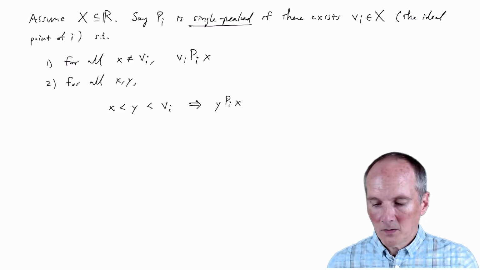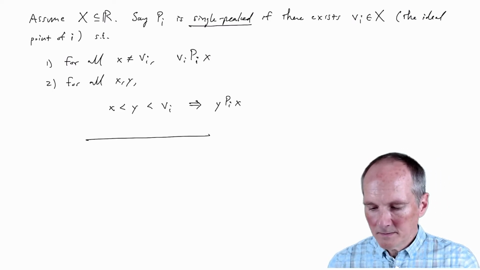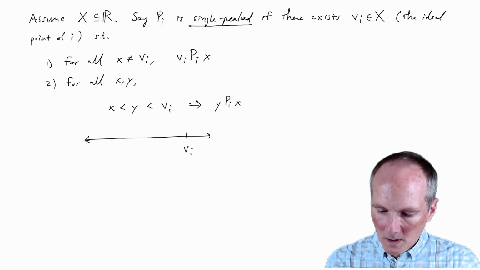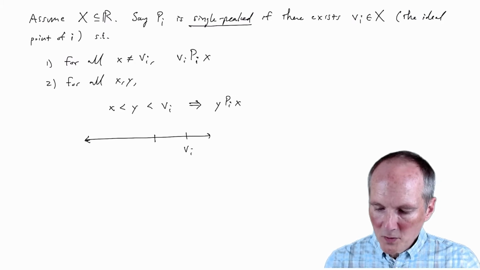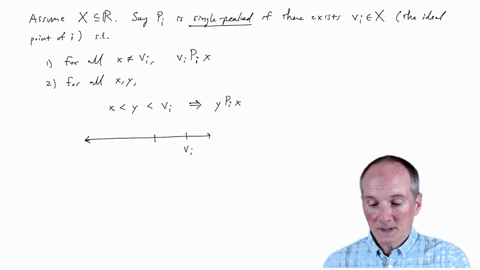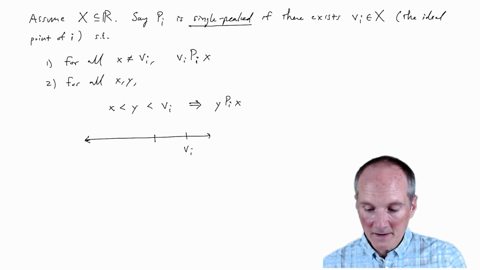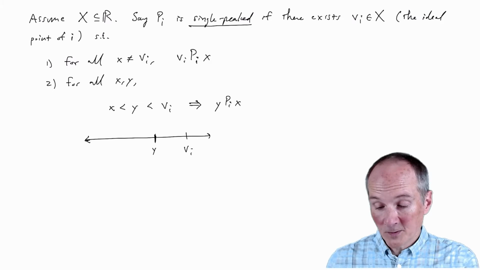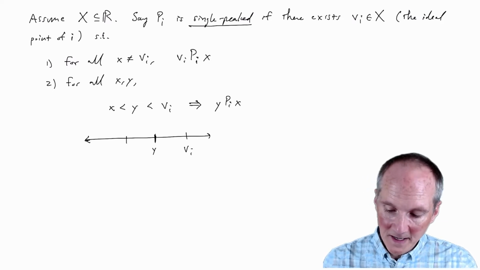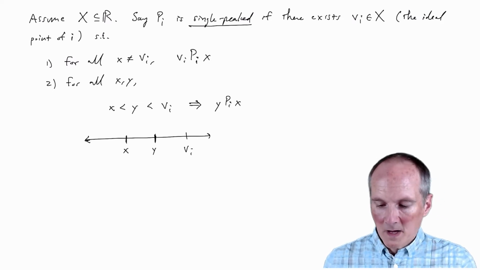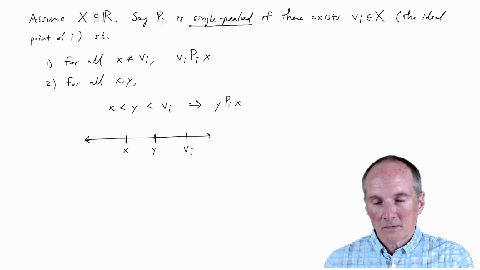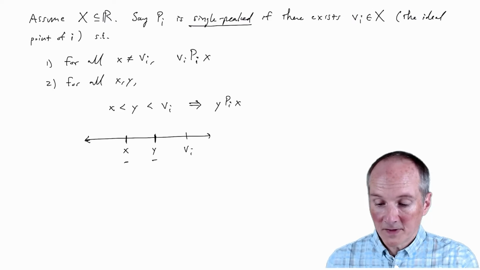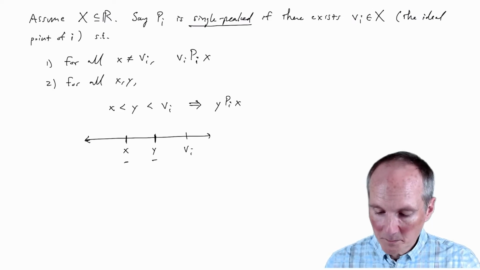This is capturing the idea that if you push the alternative to one side, in this case to the left of the ideal point, here's y, that's obviously worse than the ideal point, but now let's keep pushing it to x, right? That makes the voter worse off. Moving from y to x makes the voter worse off. That's what condition 2 here says.